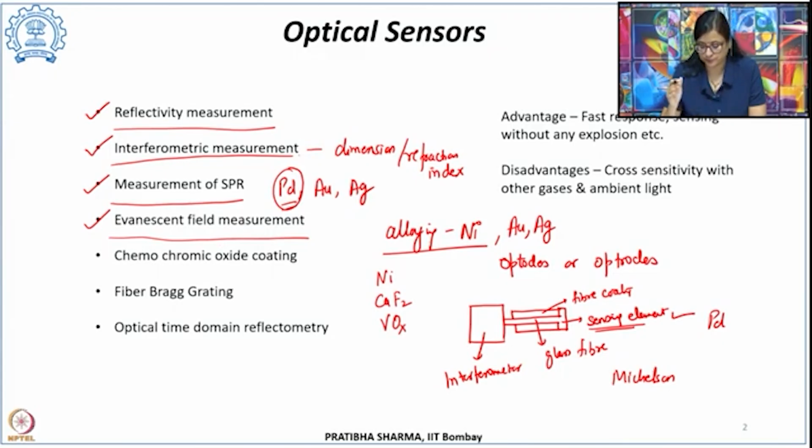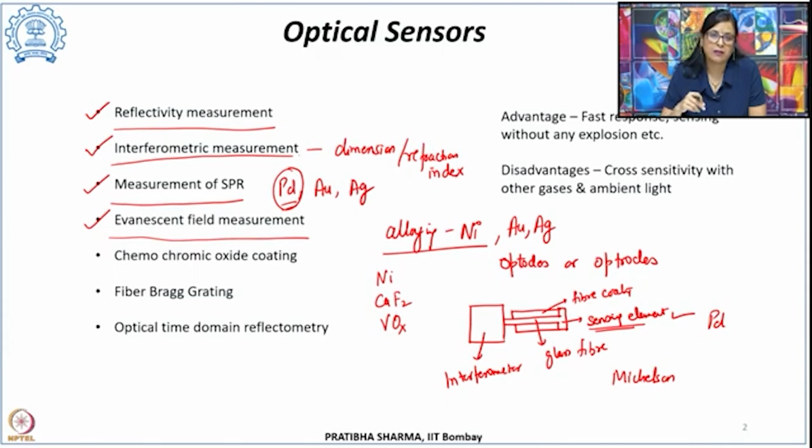Now in case of such sensors, what we do is the cladding of the optical fiber is removed. Thereafter, a film of hydrogen sensitive material like palladium or palladium silver is deposited onto the core. Now when this is exposed to hydrogen, hydrogen adsorption will take place in that film, and its refractive index will change.